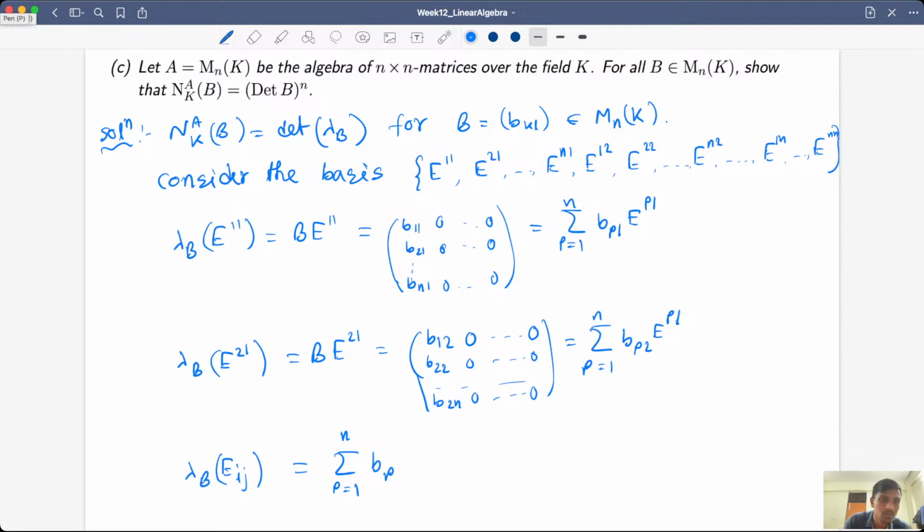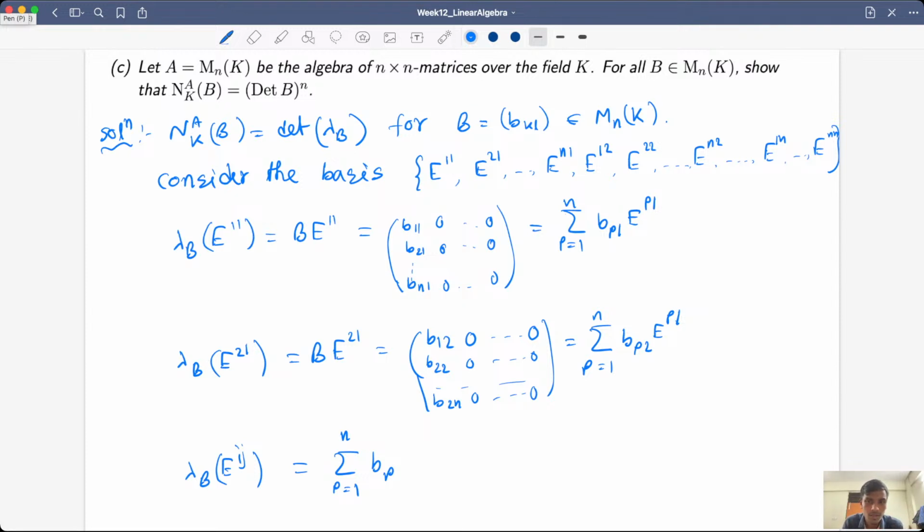Okay, this one's not E_ij, but this is E_ij. So I'll get the jth column of this matrix as the ith column of B, right? So okay, write that.